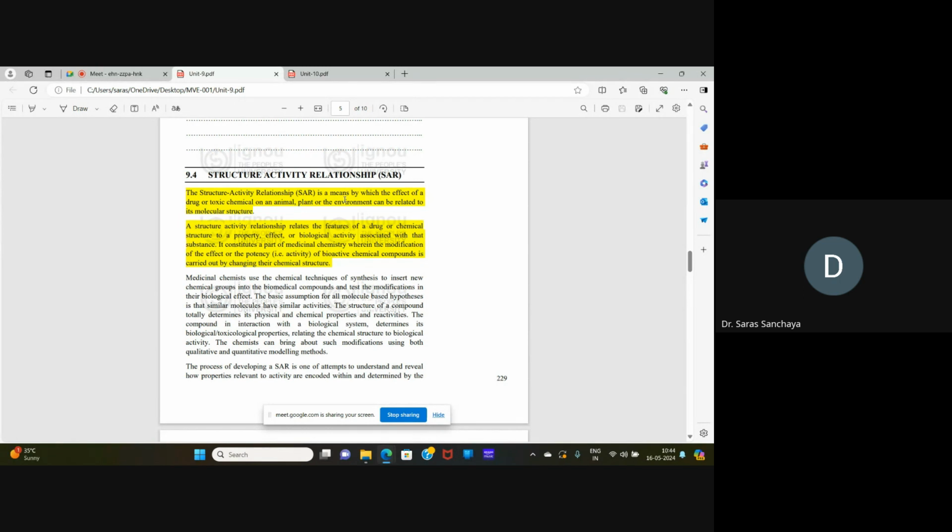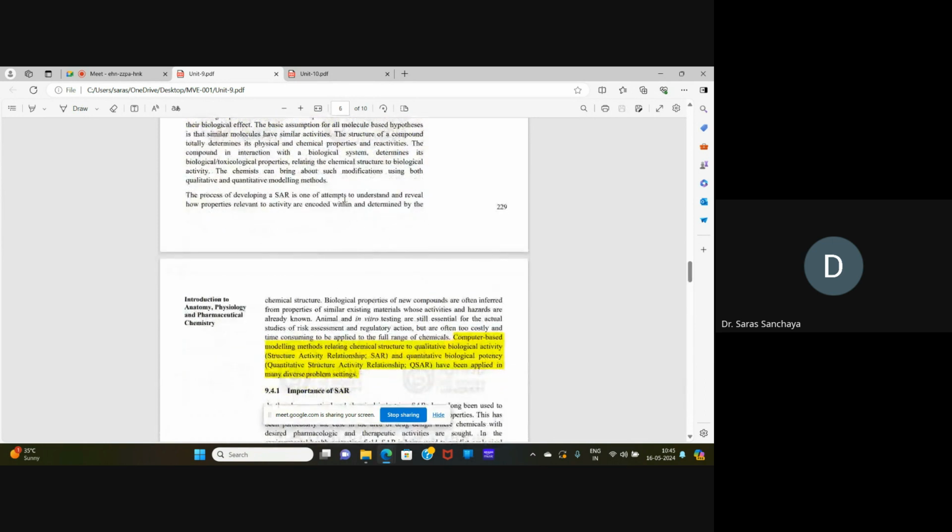So, depending upon the structure activity relationship, there can be different properties and effects in the body. It constitutes a part of medicinal chemistry wherein the modification of the effect or the potency of bioactive chemical compounds is carried out by changing their chemical structures.